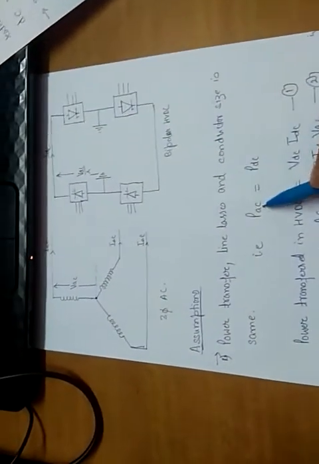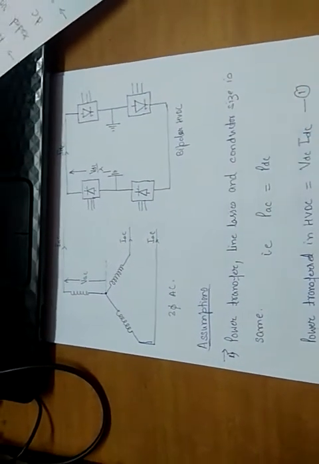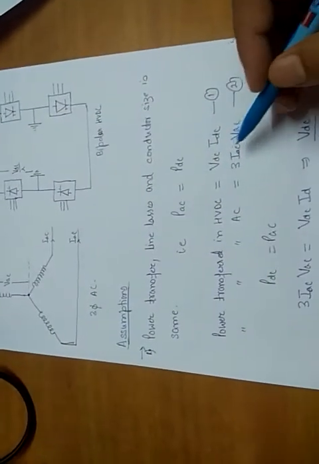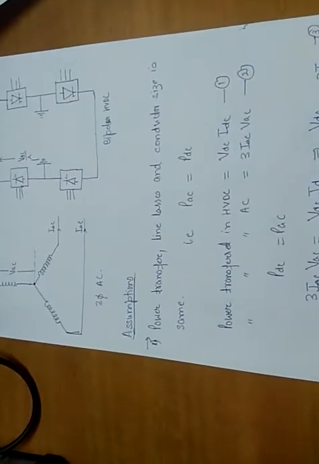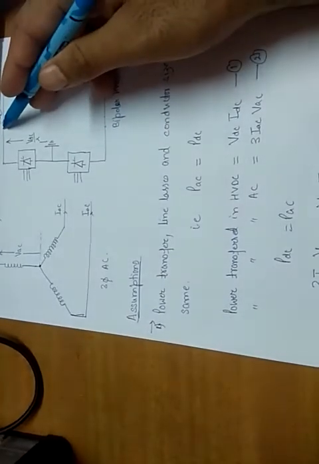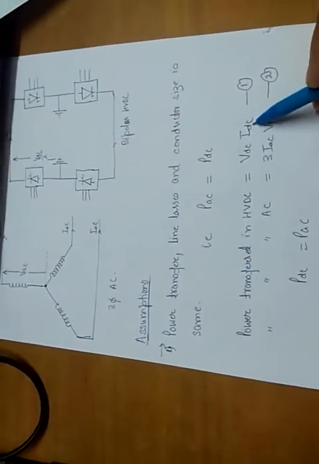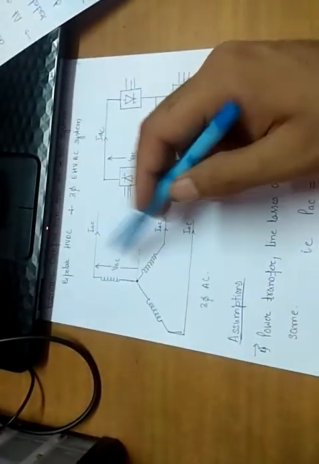Now we will see how this is economical as compared to AC in terms of insulation cost. The first assumption: power AC is equal to power DC. The same power is flowing. The power transferred in DC will be VDC into IDC, equation 1. What will be the power transferred in AC? It is three phase, so I will write 3 IAC into VAC, taking power factor as unity.